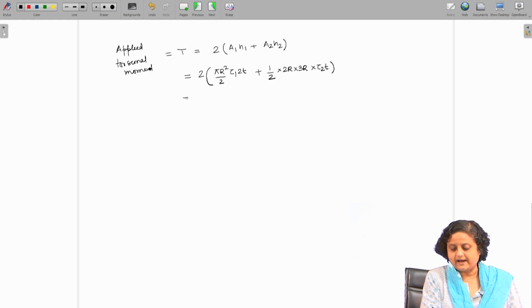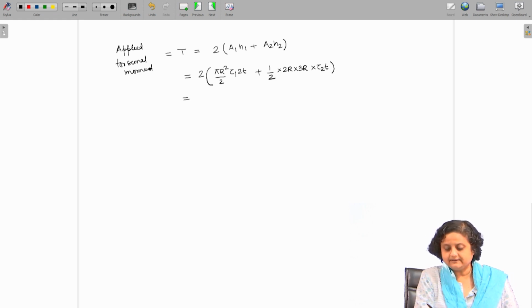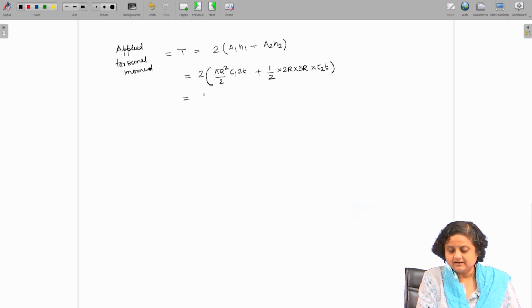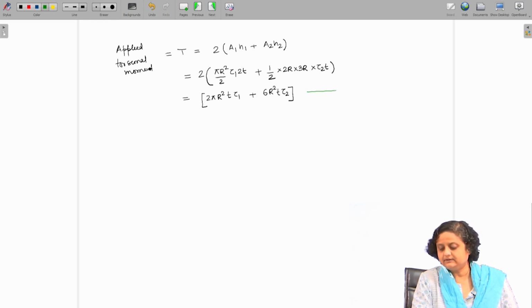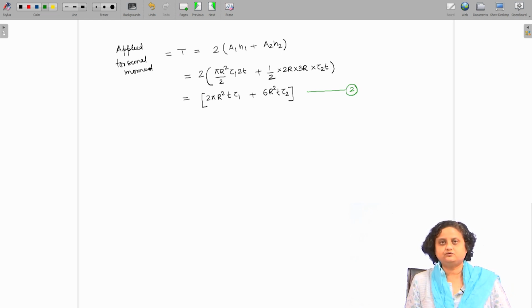So, if we simplify this, we have 2 pi r square t into tau 1 plus 6 r square t into tau 2. So, this is the second equation that we have got. So, if we can find the shear stresses tau 1 and tau 2, we can relate them to the applied torque, and thereby we will get the torsional rigidity.